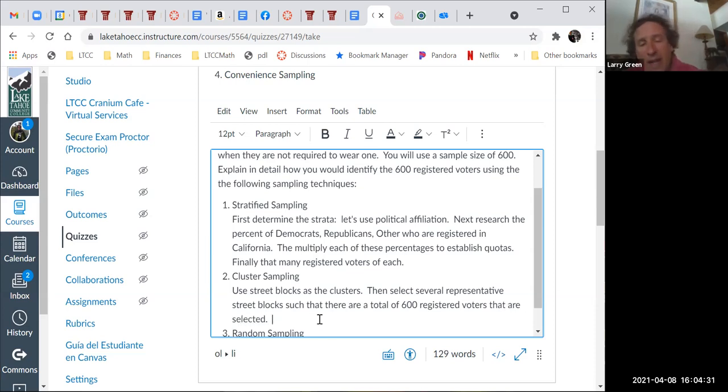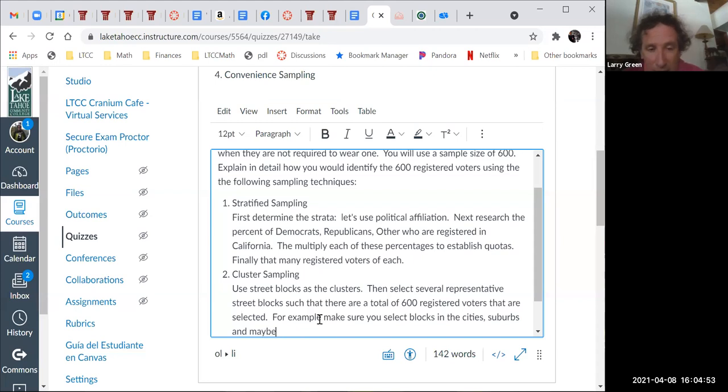So again, we're talking about blocks, so you might want to make sure you select blocks in the city, maybe the suburbs, and maybe one rural. Because most people in California don't live in rural areas, but that's why you do like one representative rural area, more than cities and suburbs.